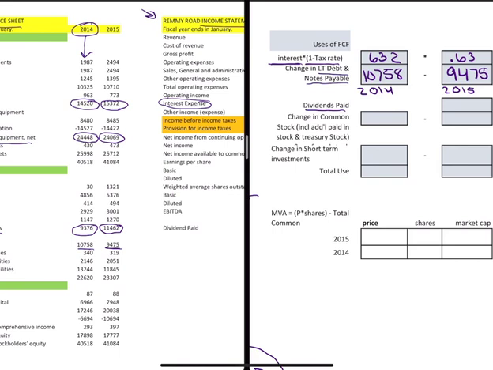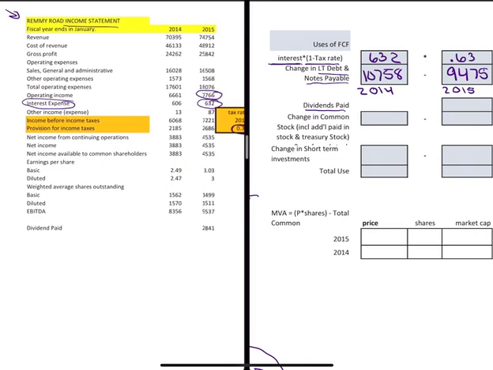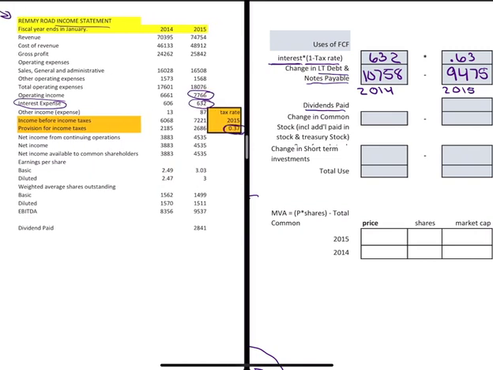Dividends paid, right here. We have 2841.